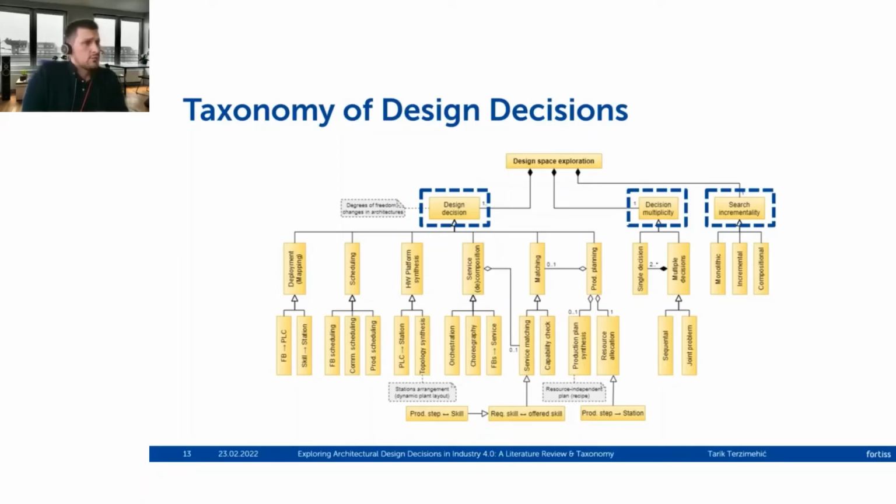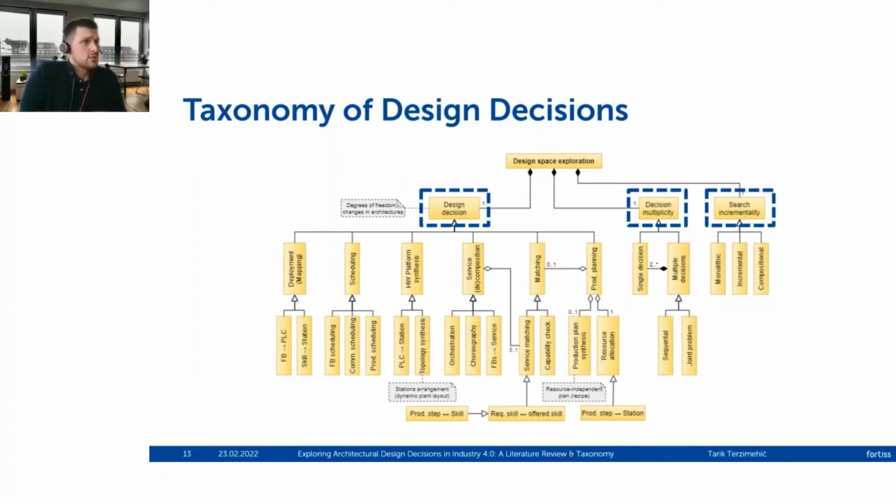A second possibility, as part of the matching decision, is capability matching, usually with ontologies, to find a list of the capabilities that are able to perform the production step that we need. And the last decision listed here is production planning, which also contains matching as a subtask, and the main part of production planning is to allocate resources to the production steps.